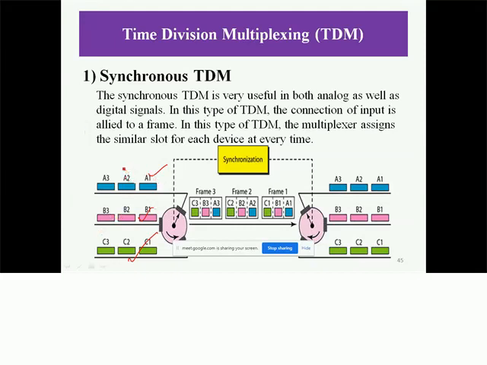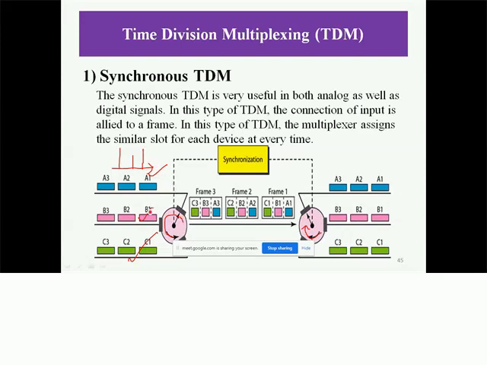A rotary switch or rotating switch, basically known as a commutator, rotates in the anti-clockwise direction in the transmitter section, and at the receiver section this rotary switch rotates in the clockwise direction. So the directions are reversed, because we have to take the data. When the rotary switch rotates, first it takes A1, then B1 and C1.